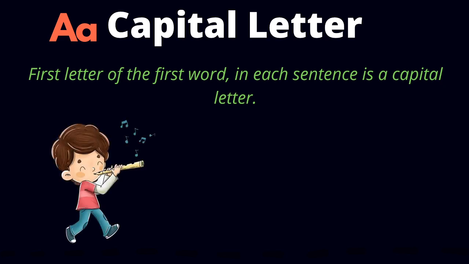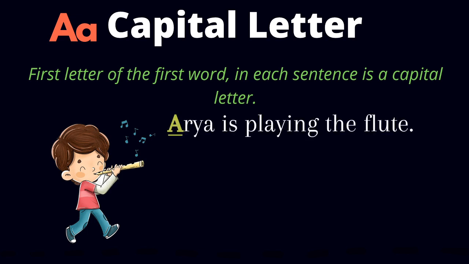You need to begin the sentence with a capital letter. Look at the boy, he is playing the flute. His name is Arya. Arya is playing the flute. Arya is the first word of the sentence, so it has to be written with a capital A. He is a student.